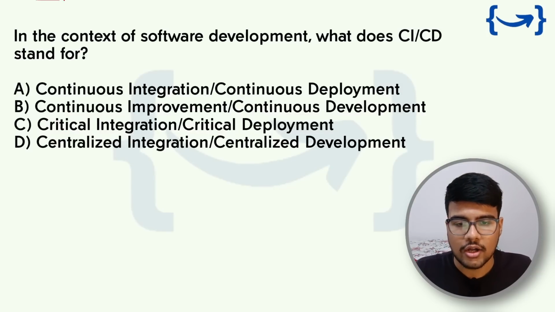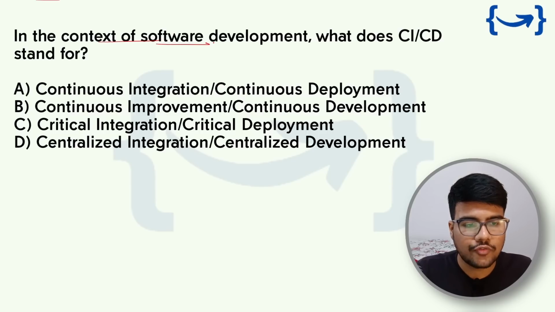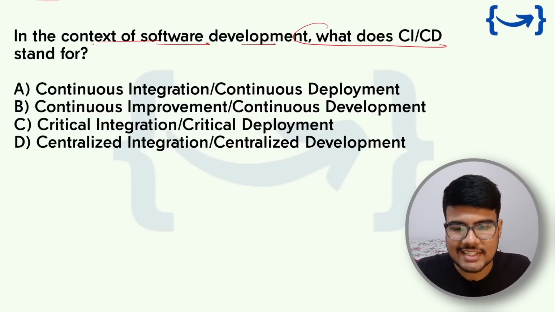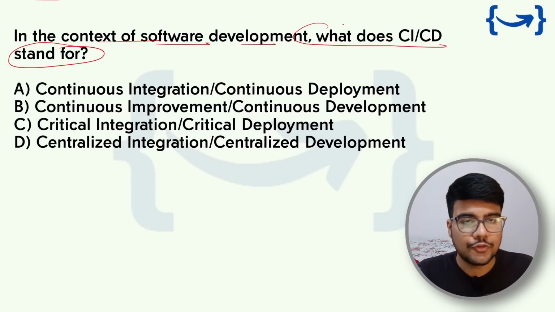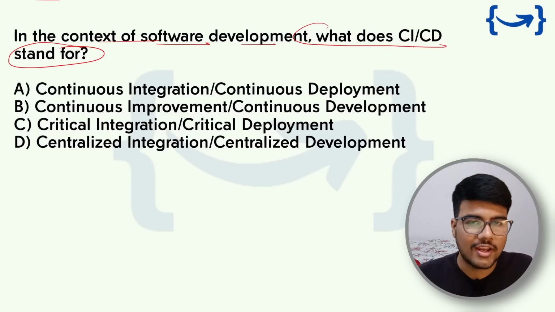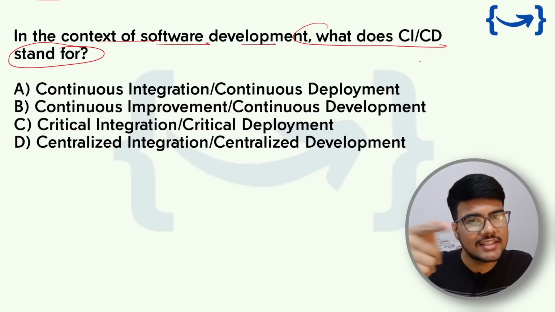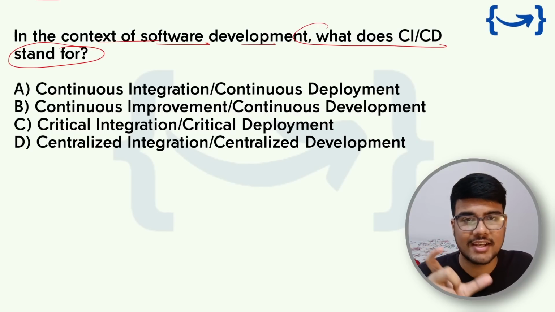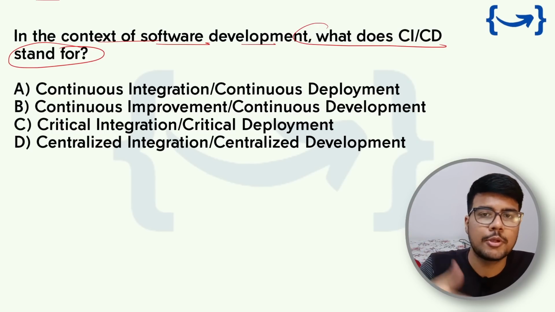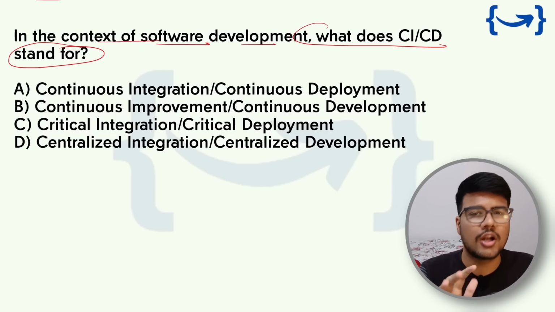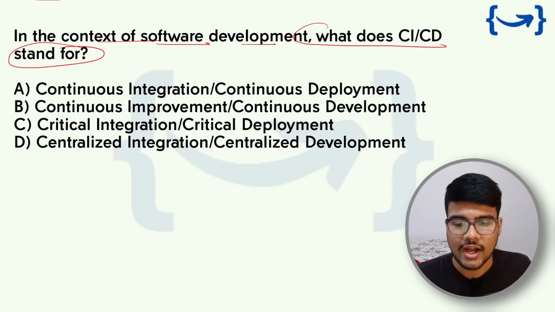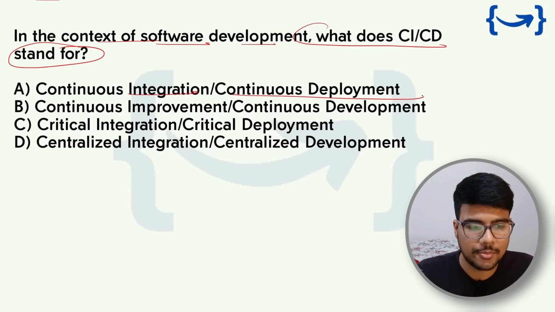Now, in the context of software development, what does CI/CD stand for? If you have a ChatGPT premium with you, you might mark this question very quickly. A is continuous integration and continuous development, which makes sense.